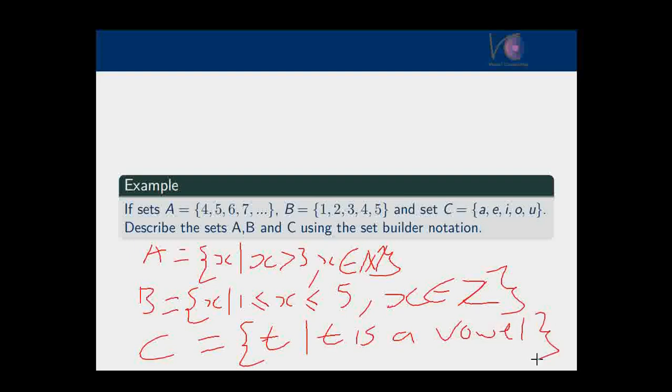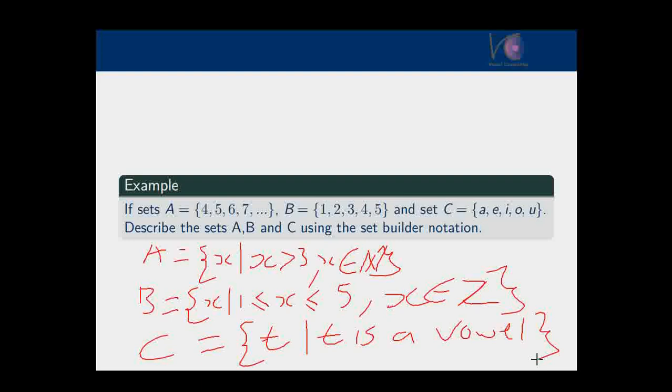So now, what is set builder notation? What are you seeing from these examples and from the things that I've written? A set builder notation, if you are dealing with numbers, is going to contain three sections.